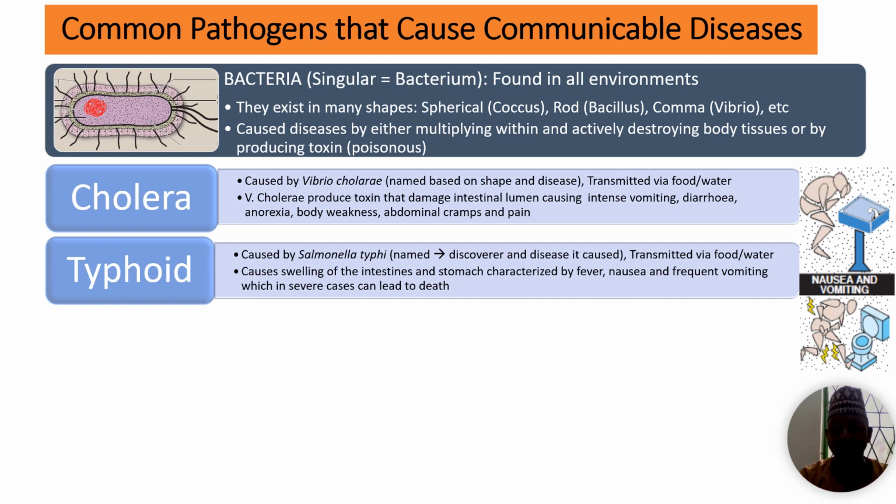So when it multiplies, it leads to inflammation of the gastrointestinal tract, which is characterized by continuous fever, nausea, and frequent vomiting, which in severe cases can lead to death.